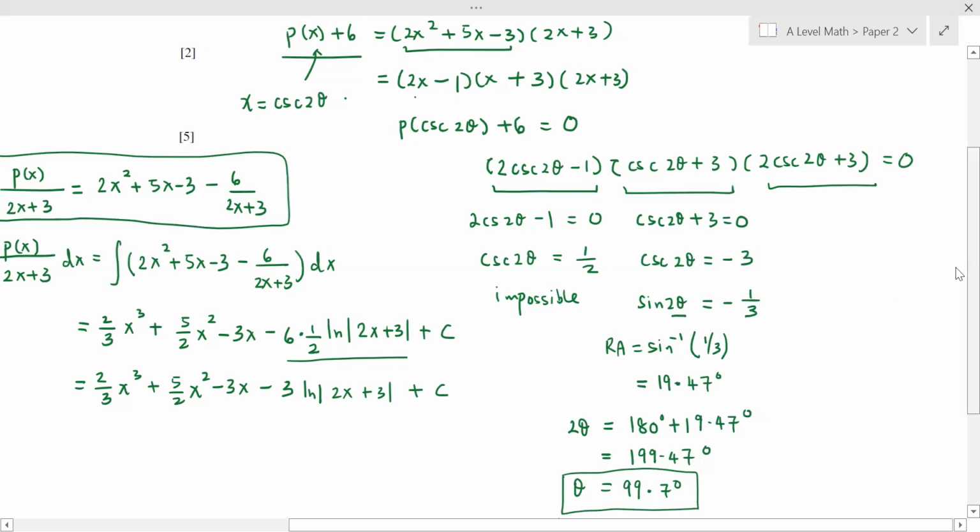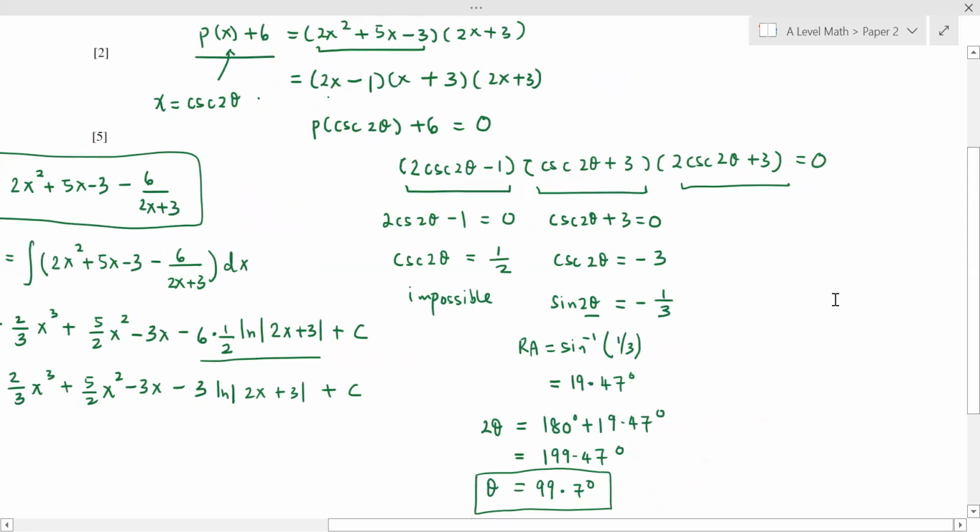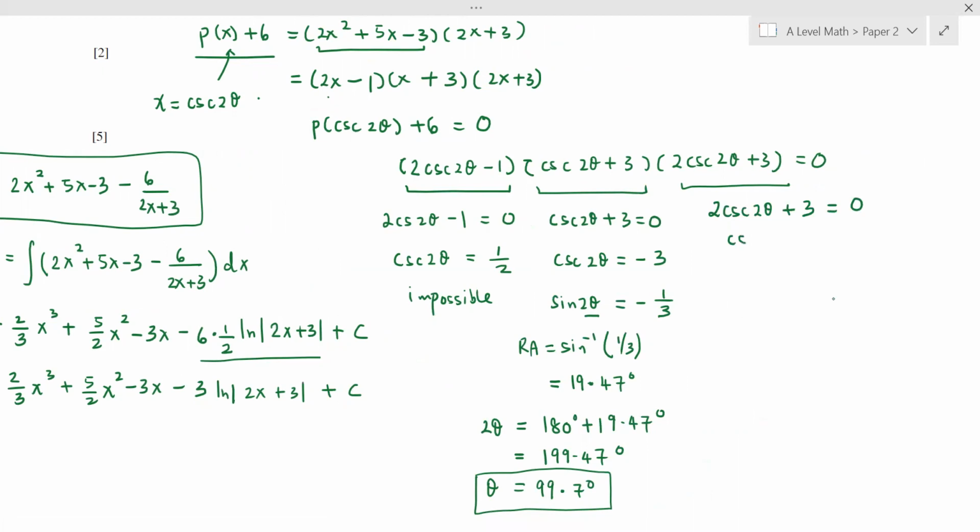We still have the third linear factor. Set this to 0, 2 cosecant 2 theta plus 3 equals 0. Isolating cosecant 2 theta, we have negative 3 over 2. Converting it to sine, sine 2 theta, you just flip the right side and you're good. Keep the negative.